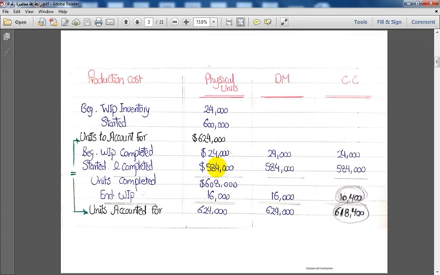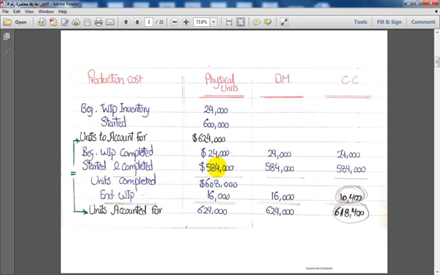The second step represents the output of the process, which combines finished goods or units completed and ending work in process. Ending work in process is an unknown number, so we have units completed given, 608,000.